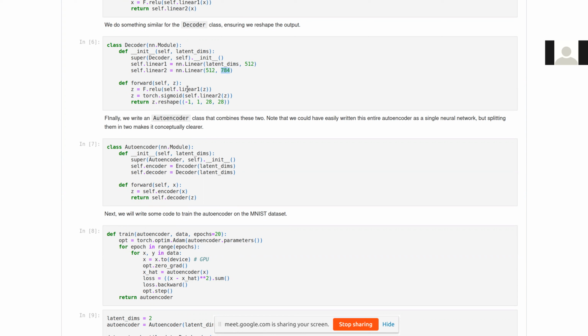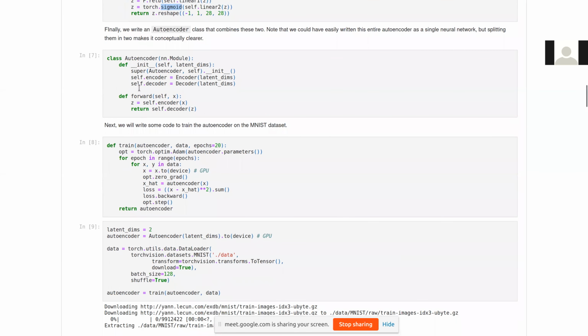Same way again, whatever is coming, pass it through the first layer, apply the ReLU, pass it to the second layer, apply the sigmoid. Why are we applying the sigmoid? Because sigmoid gives you an output between 0 and 1. These are image tensors, which originally map in the range of 0 to 1. So just to do that, we have applied the sigmoid. In case you are applying transformations like normalization and all, then the image may not be in the range of 0 to 1. So there you can try to remove the sigmoid.